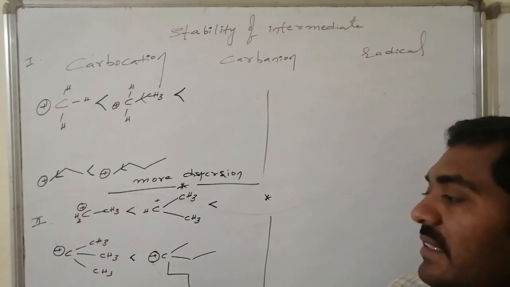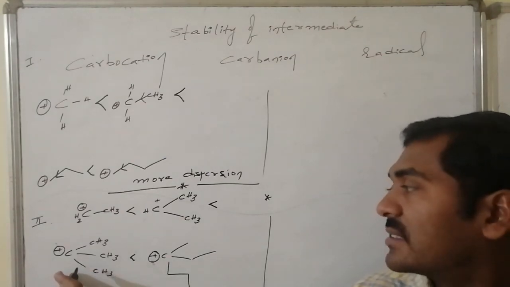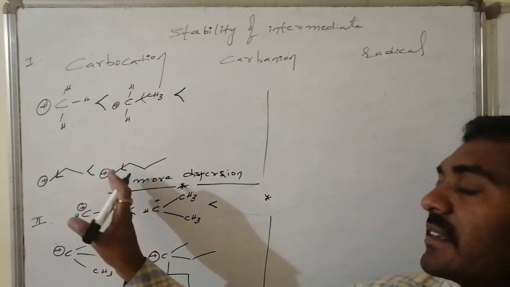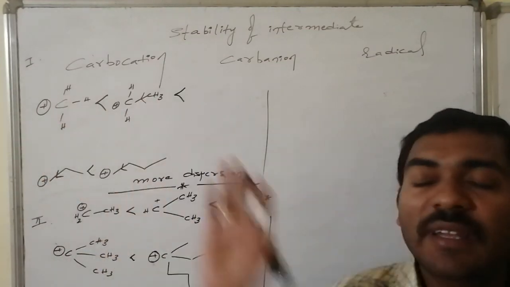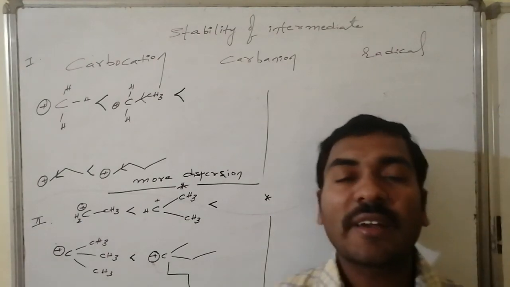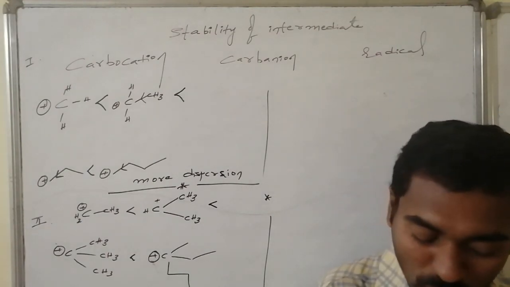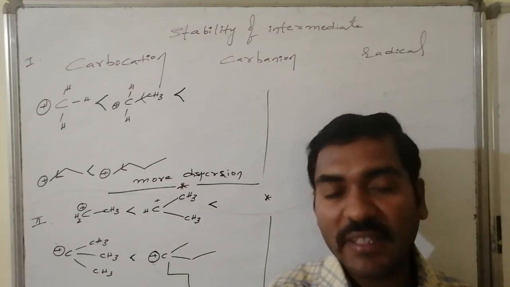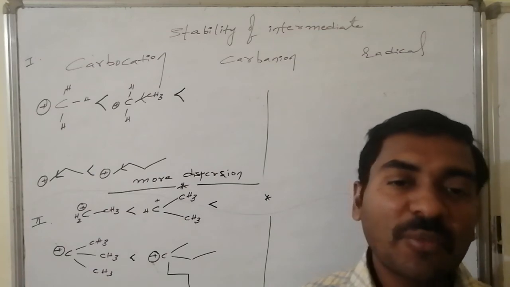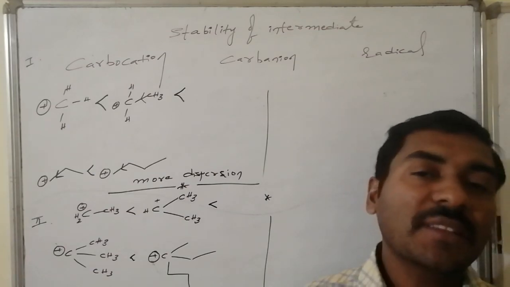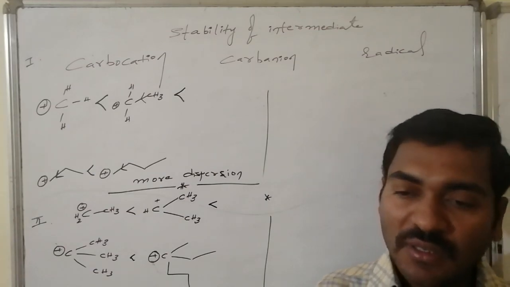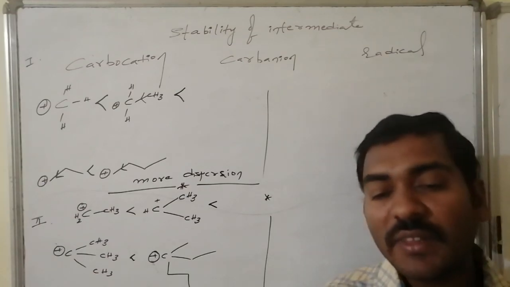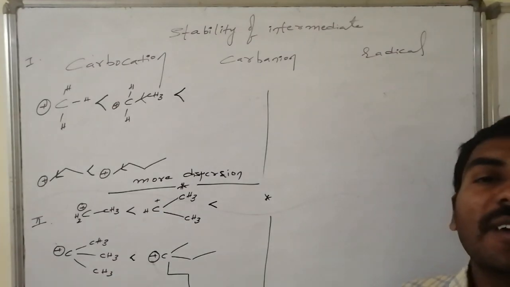Here this is most stable, next stable, and the least stable relatively, and this methyl cation will be the least stable intermediate. Thus if the group connected with the cationic charge is a positive inductive effect group, it increases the stability. The number and strength of positive inductive effect groups together decide the relative stability of the cation formed as an intermediate in organic reactions.